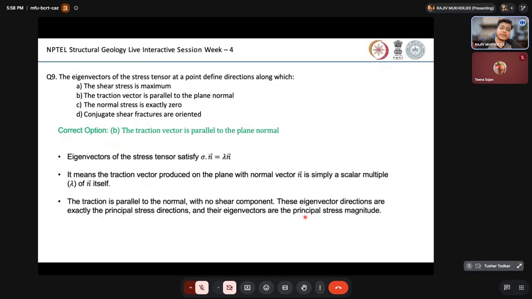If you impose a linear transformation, everything will rotate based on the linear transformation that you are imposing. That means you are changing the aspect ratio of the stress ellipsoid, but you are not changing the mutual orientation of the axes of the stress ellipsoid. That means eigenvectors will always remain the same.